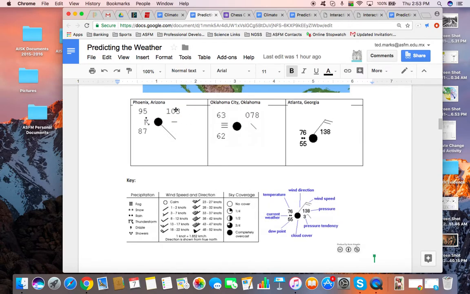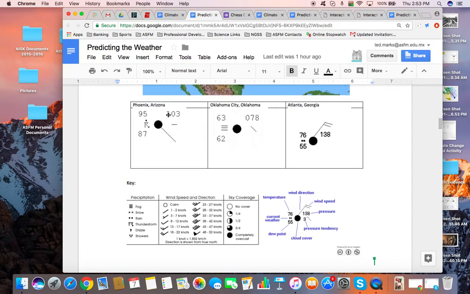One thing that I wanted to point out was the pressure system. It's confusing to know if it's high pressure or low pressure. To understand the barometric pressure, let me show you, if I get a note here.